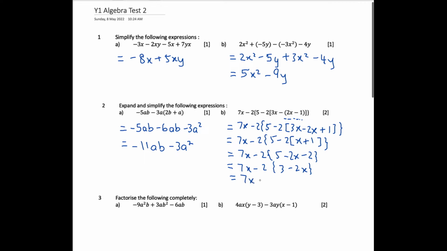Minus 2 times 3, minus 6. Minus 2 times minus 2 is plus 4. 7x plus 4x is 11x minus 6.